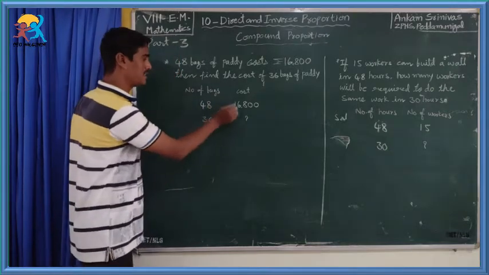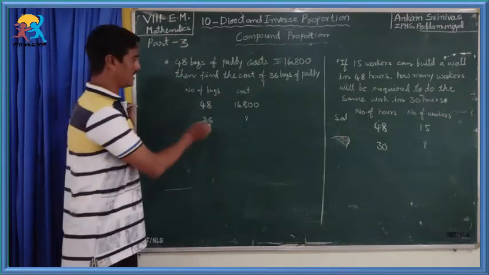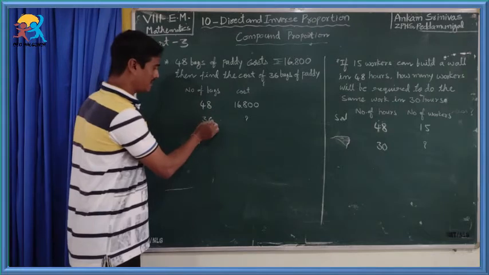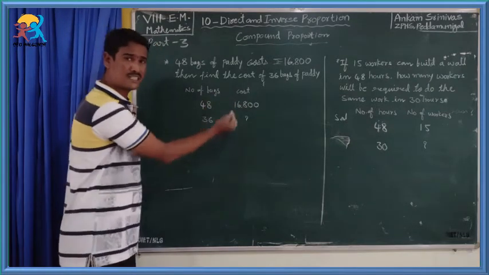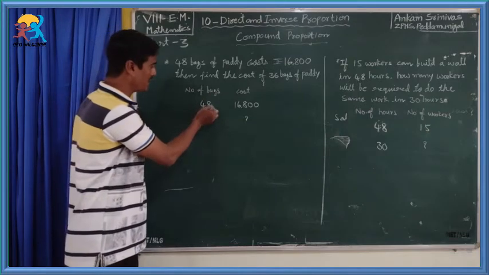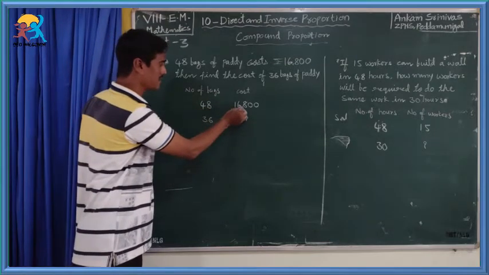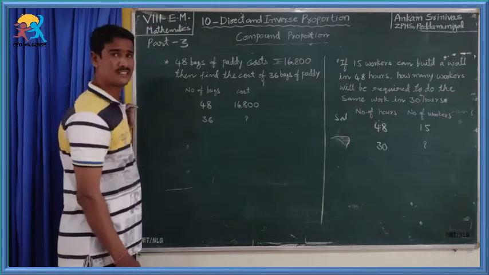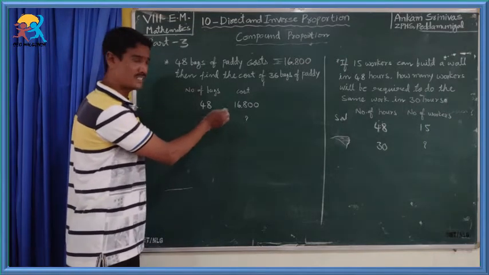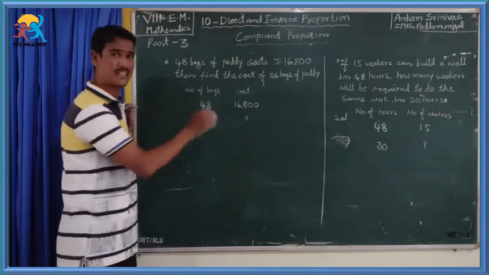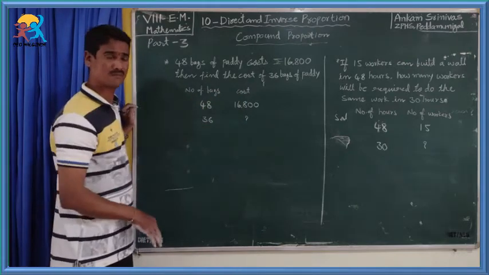Let's compare these two quantities. Here, fewer bags means a lower price, that means less cost. Here the cost of 48 bags is 16,800. Then what is the cost of 36 bags? Is it more than 16,800 or less than 16,800?